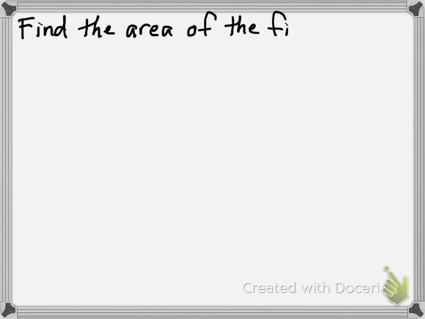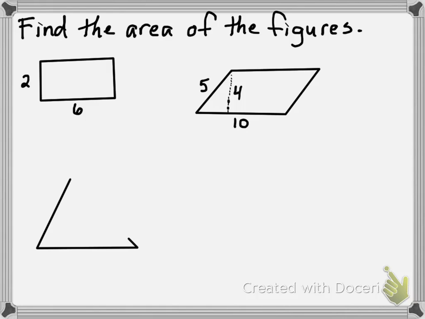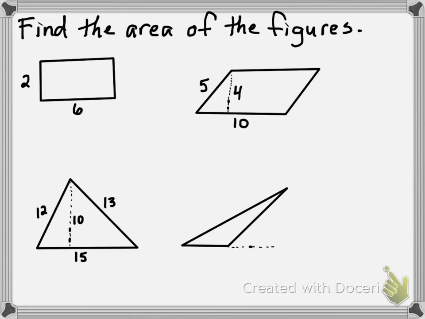Alright, now let's see if we can solve some of these problems. We're going to try to find the area of these figures. You've got a rectangle, you've got a parallelogram, you've got a triangle, and you got one more triangle.